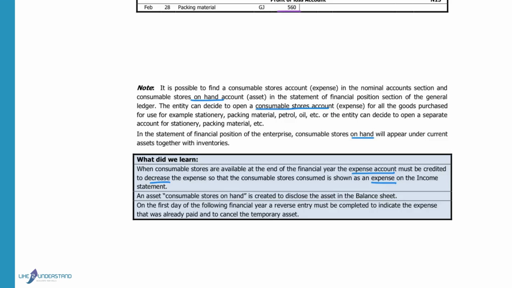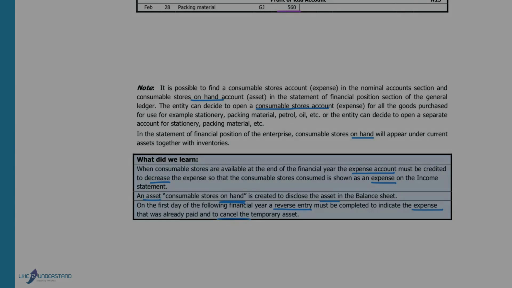An asset, consumable stores on hand, is created, and that will be disclosed as an asset in the balance sheet. On the first day of the following financial year, we will reverse this entry and we will indicate that the expense was already paid and we will cancel the temporary asset.